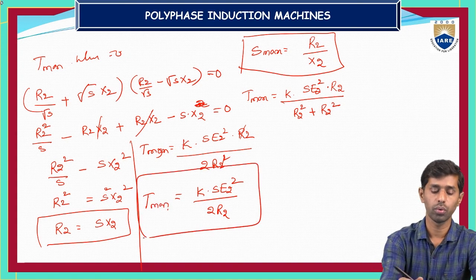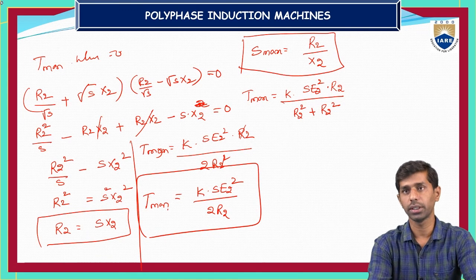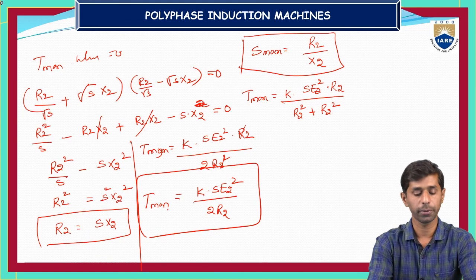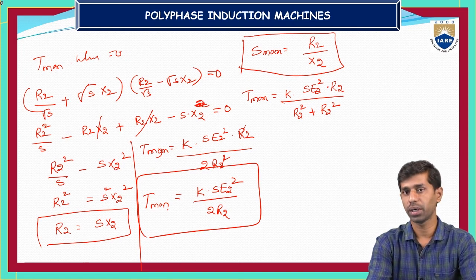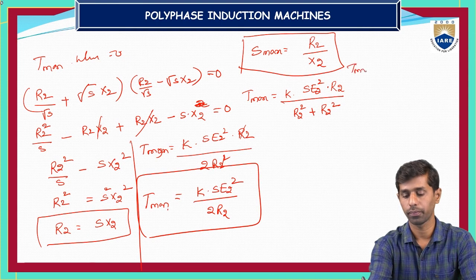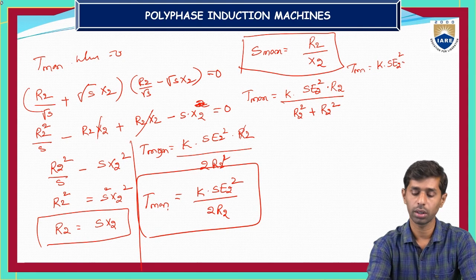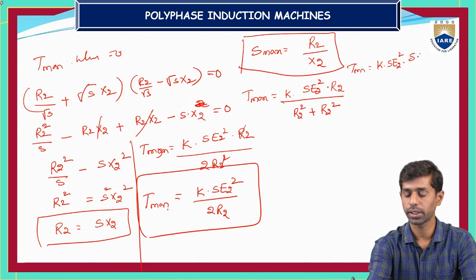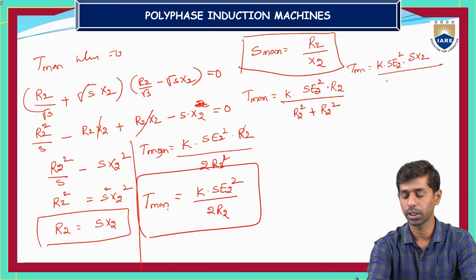You can also derive the expression in a similar way. Instead of substituting S X2 by R2, you can substitute R2 by S X2. We get T maximum equal to K times S into E2 square into S X2, divided by S square X2 square plus S square X2 square.